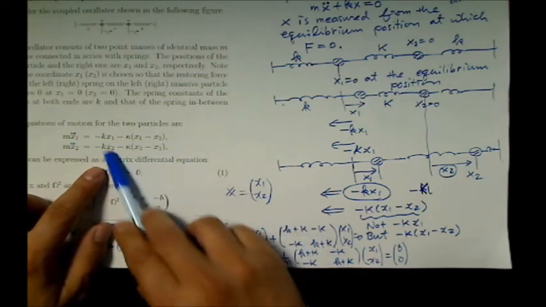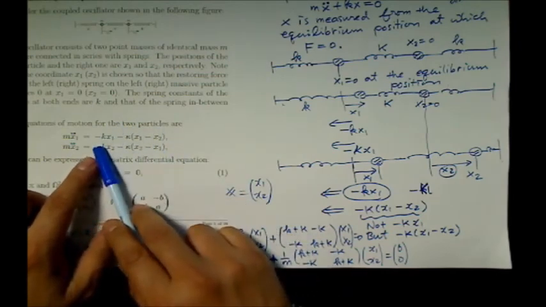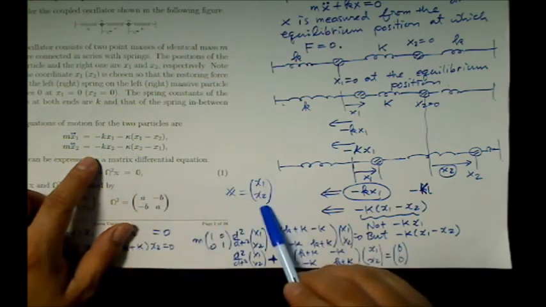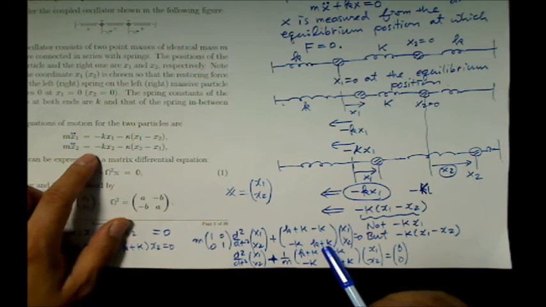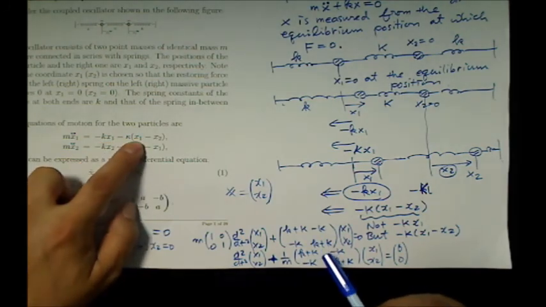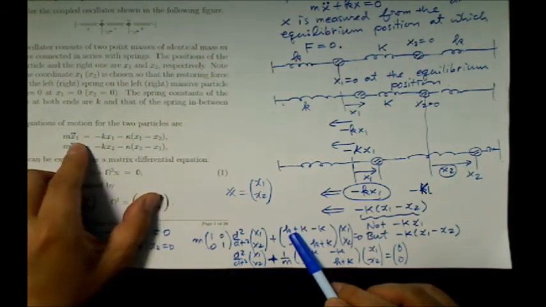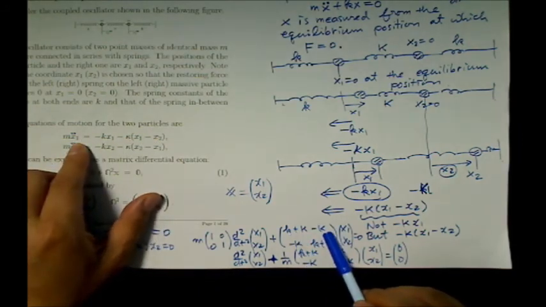If we reorganize this expression to the left hand side and pull out the factor of column vector x, then the coefficient of x1 becomes k plus kappa. Coefficient of x2 is minus kappa, because it is plus, and if it's moved to the left, it is minus kappa.